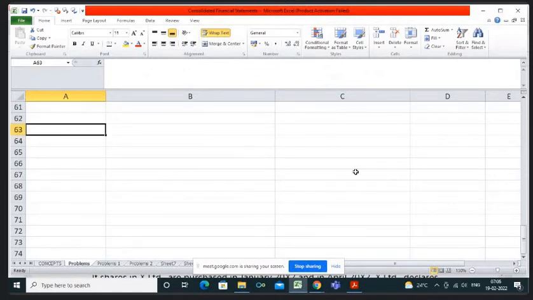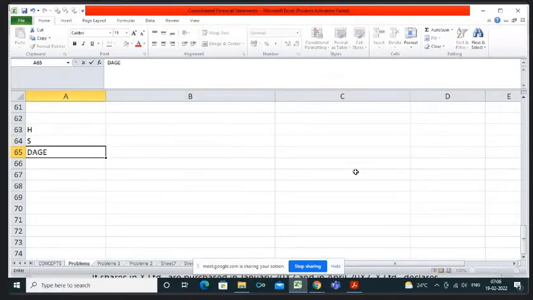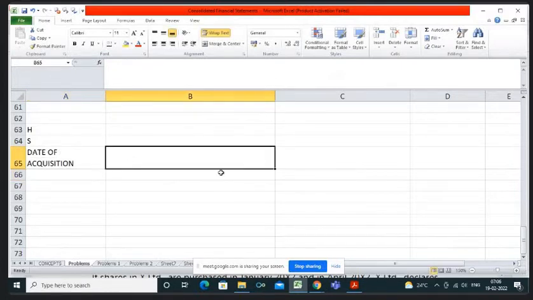Let's say there are two companies. One is called a holding company H, another is a subsidiary S, and the holding company purchases the shares. Let's assume the date of acquisition is 1/1/2021.